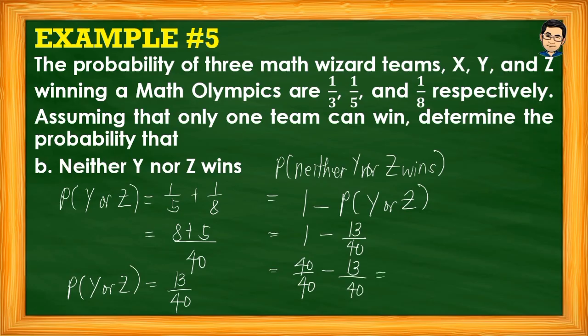So 40 minus 13 is 27 over 40. So the probability that neither Y nor Z wins is equal to 27 over 40.